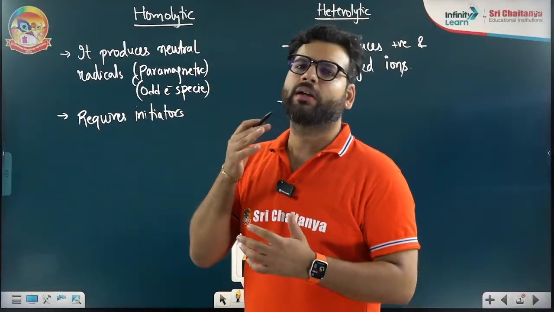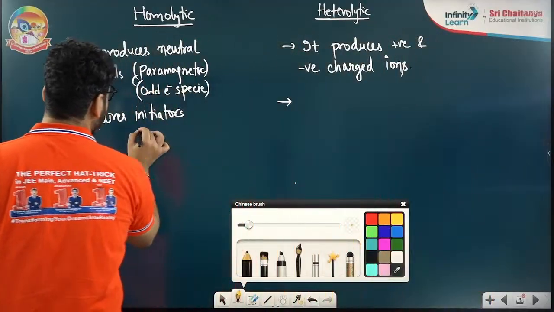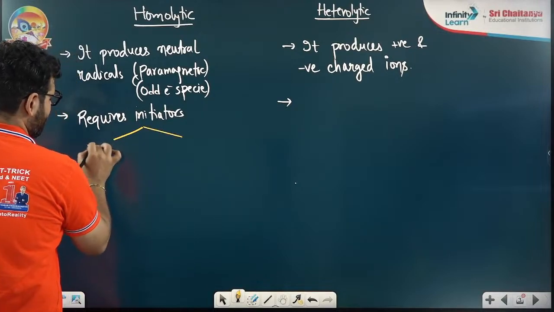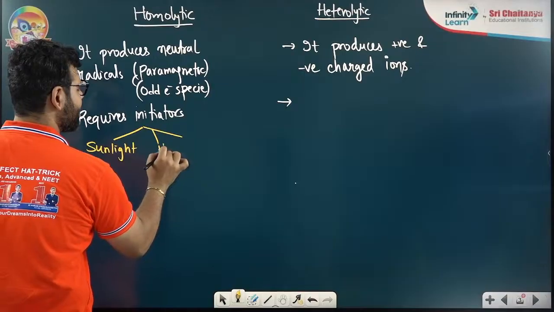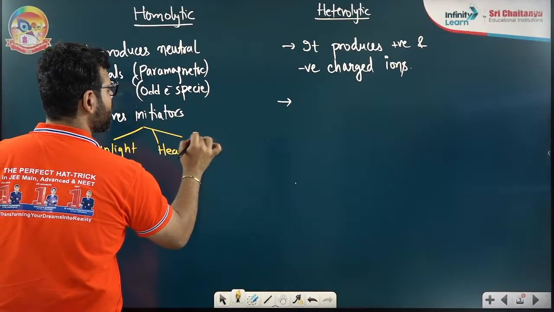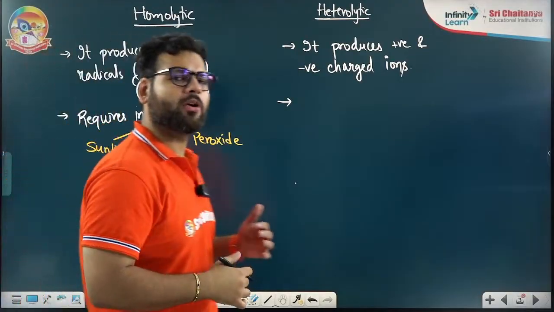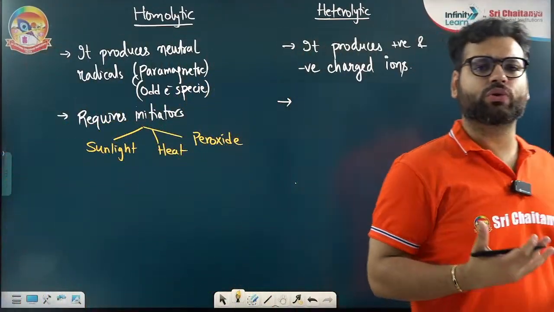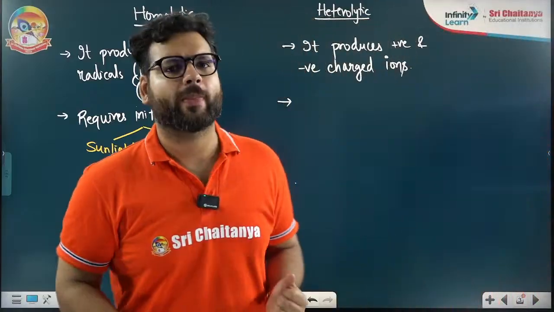To help the free radical reaction, the homolytic cleavage, to proceed, you require either sunlight, or high heat, or a peroxide. Any peroxide compound you can take. H2O2 you can take, or benzoyl peroxide and so on.